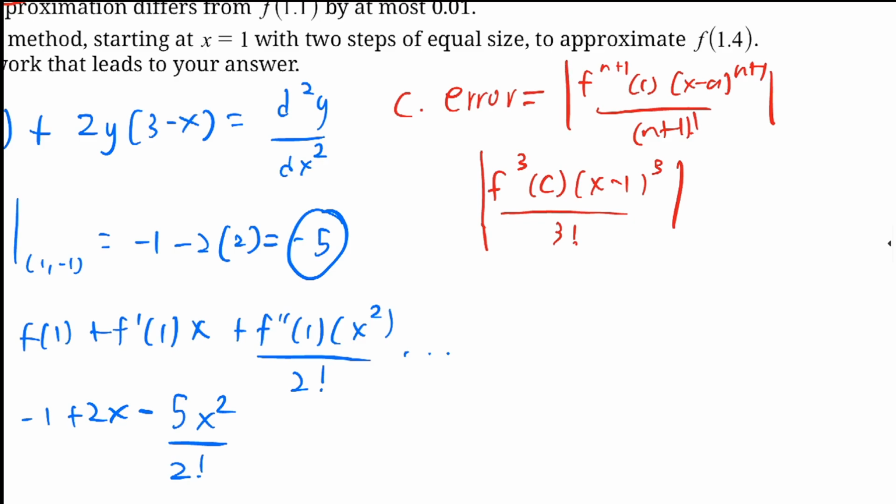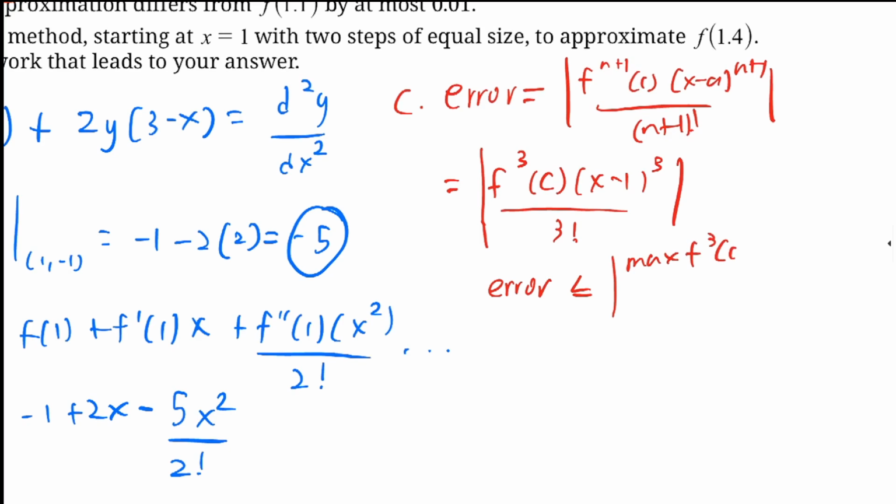The error is equal to this. We don't know what that c is, but we can show that it's at most some amount. So error, in this case, is less than or equal to the maximum of f triple prime at some c, times x minus 1 cubed all over 3 factorial.